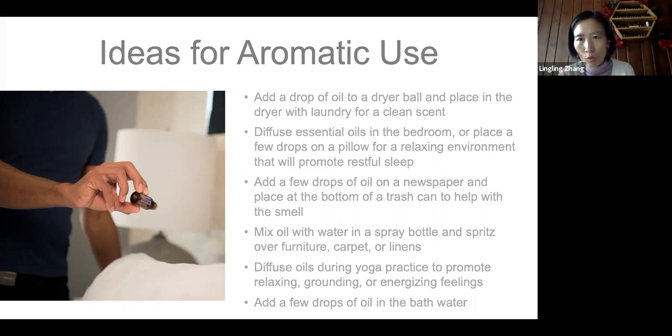Some people make their own wool dryer ball, and then drop the oils you want and put that into the dryer with your clothes. So your laundry comes out with that clean scent or lavender scent or whatever scent you wanted to have.